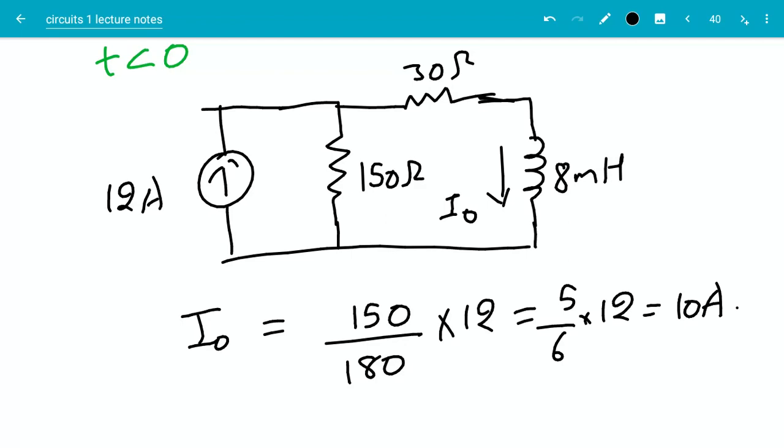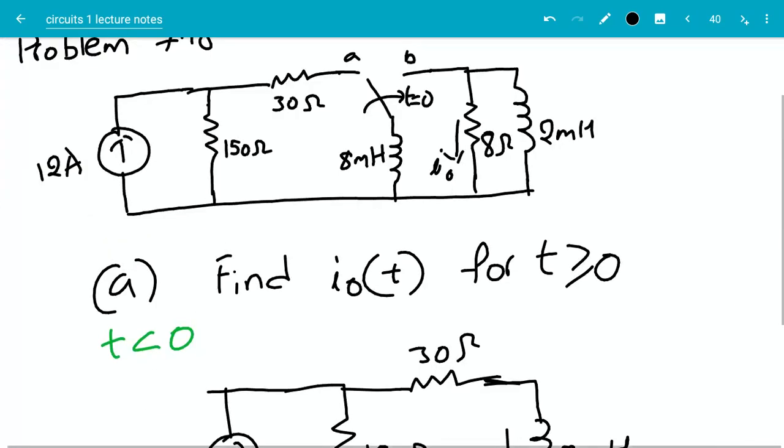So now I have the initial conditions. Once the switch is moved to position B at t equal to 0, I'm going to draw just the new circuit in that position and label it with initial conditions.